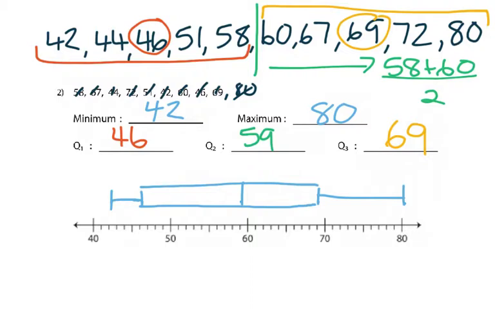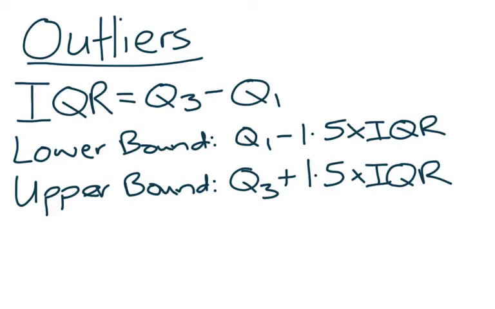The only other thing that comes up when we look at box plots is the actual calculation to determine whether or not something is an outlier. Previous to year 10, outliers are by sight. We can look at something and see whether or not it matches the data. When you get to year 10, you can actually do a calculation that involves the IQR. The IQR is the interquartile range, found by doing the upper quartile, Q3, take away the lower quartile, Q1.